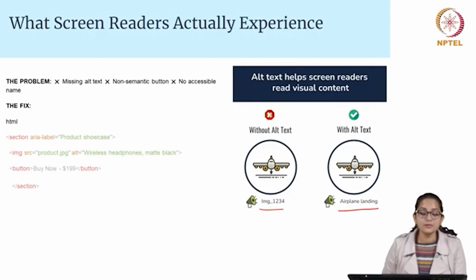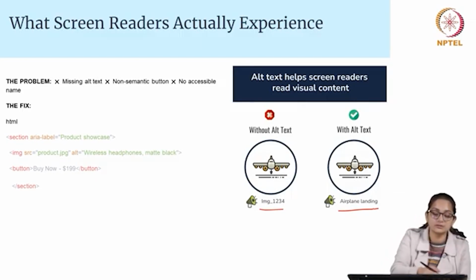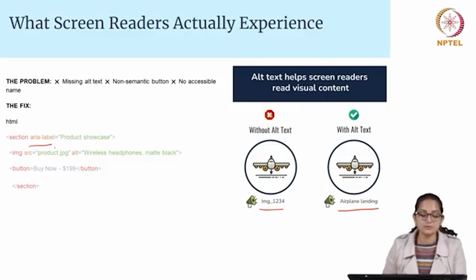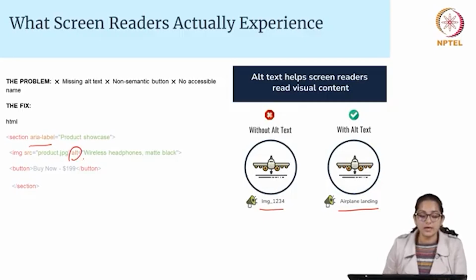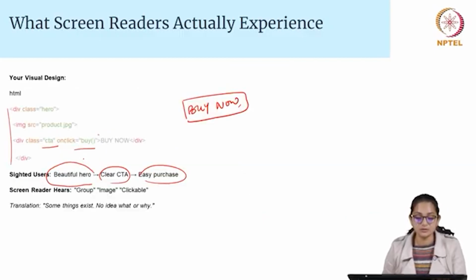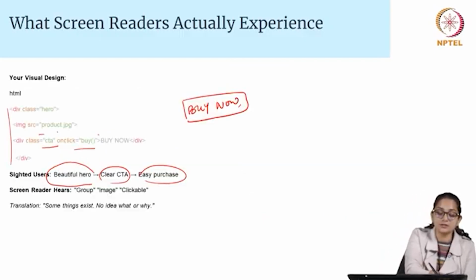So the problem may be missing alt text or non-semantic buttons, no accessible naming. How can we fix it? We can use appropriate ARIA labels, we can use appropriate alt text, and then we can add the button after that. So here you might have seen that for the product, there is no alt text.